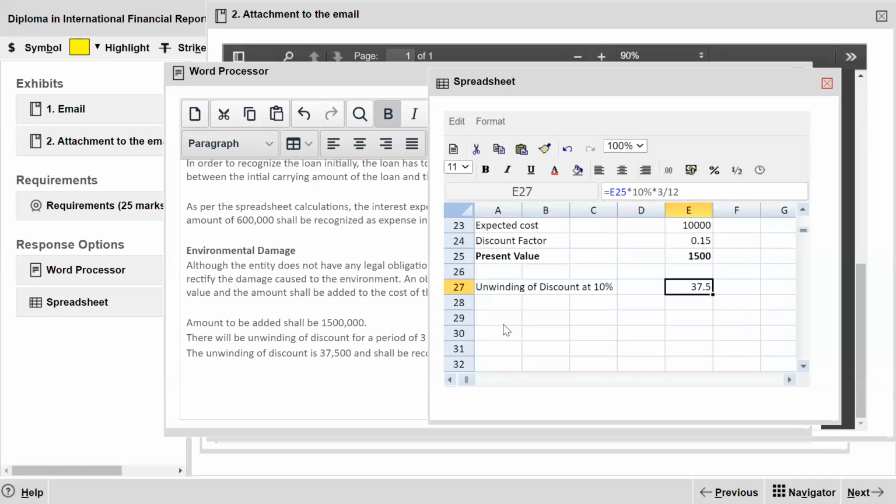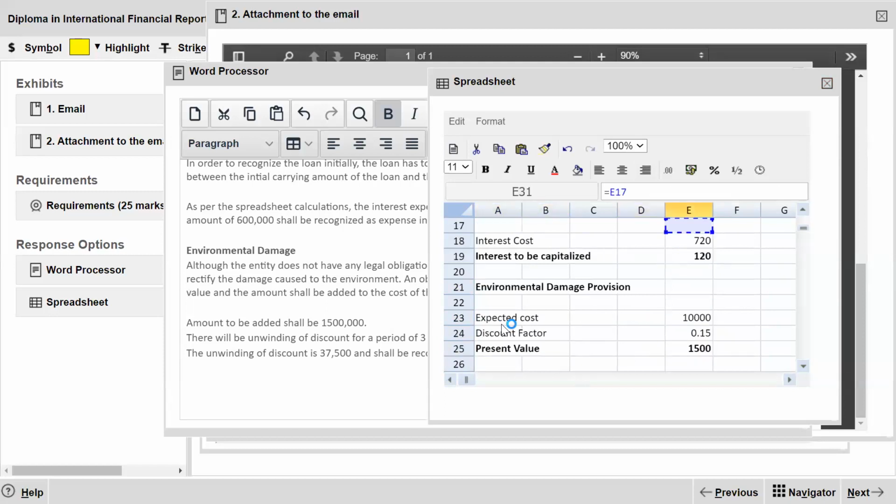So now, the revised cost of the property, plant and equipment will be as under. Cost incurred for the construction, that is what we have calculated already.